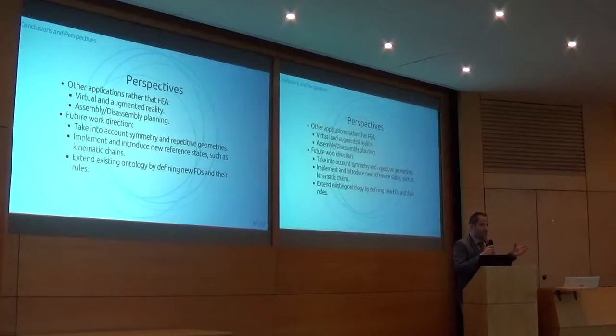We made a set of global hypotheses. Now, if these global hypotheses are violated, we need other reference states to take into account this violation, such as deformable objects and contact with friction. Finally, the extension of our ontology by adding new rules to detect new functional designations.